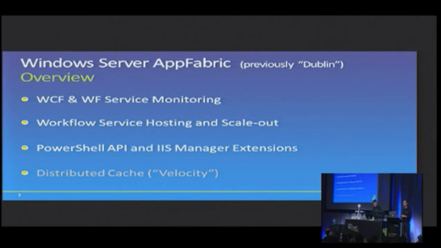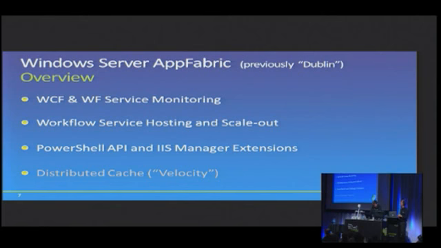It runs on the 2008 platform, and it really comprises kind of three areas plus a management API. So we're going to look at two of them today. The one at the bottom, I'll just cover that off first. There is this distributed cache that comes with Windows Server AppFabric that was previously codenamed Velocity. I'm not going to talk about that today, but that is part of the Windows Server AppFabric components.